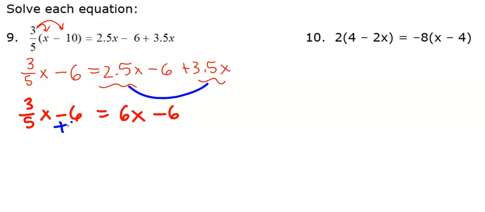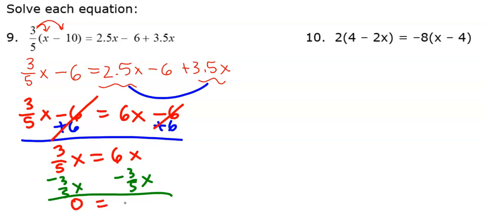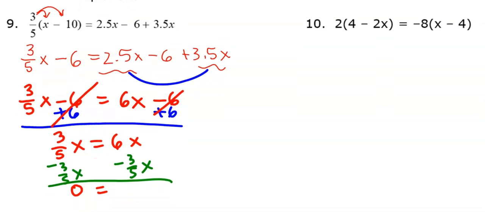Now I'm going to add 6 to both sides, which actually cancels out. 0 and 0. So now I have 3/5 x equals 6x. I'm going to subtract 3/5 x from both sides, and that means that my left side will be a 0, and my right side will be 6 minus 3/5.